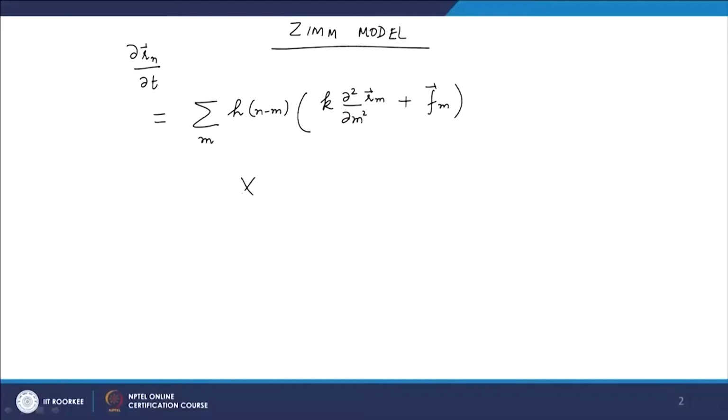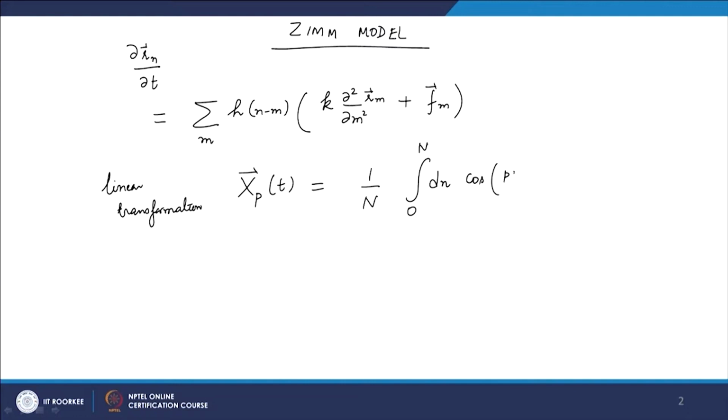So, we will use the linear transformation, that is, we defined the variable X_p(t) as 1 by N integral over dn cos(p pi n by N) r(n,t). In fact, we can also do the inverse transformation from X_p to r once we get the answer in terms of X_p.